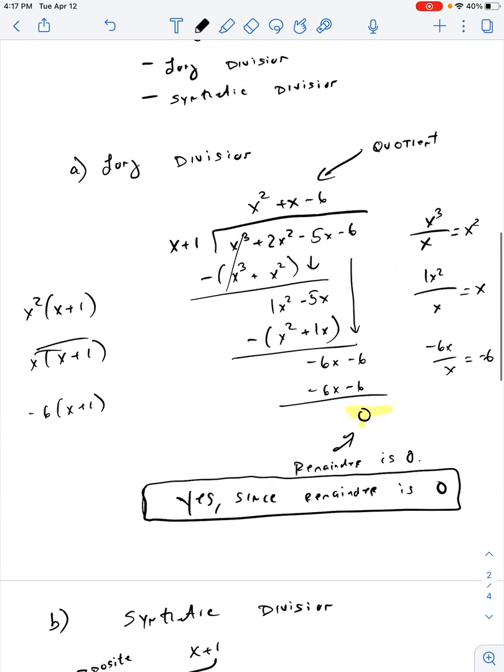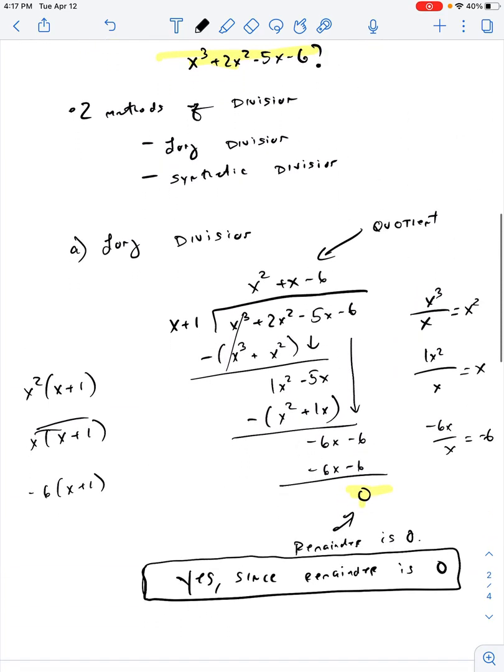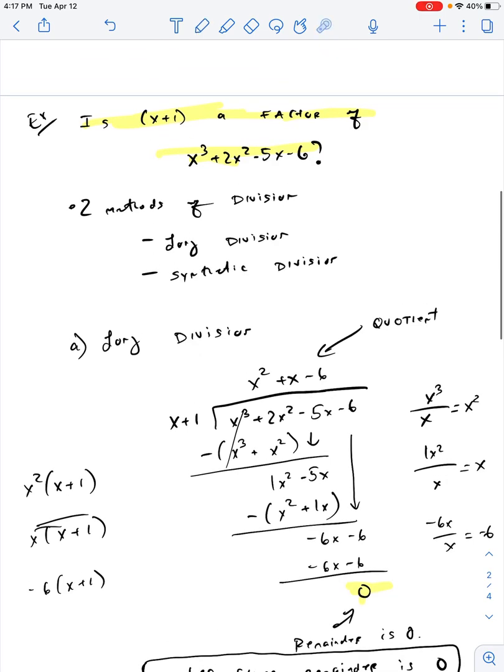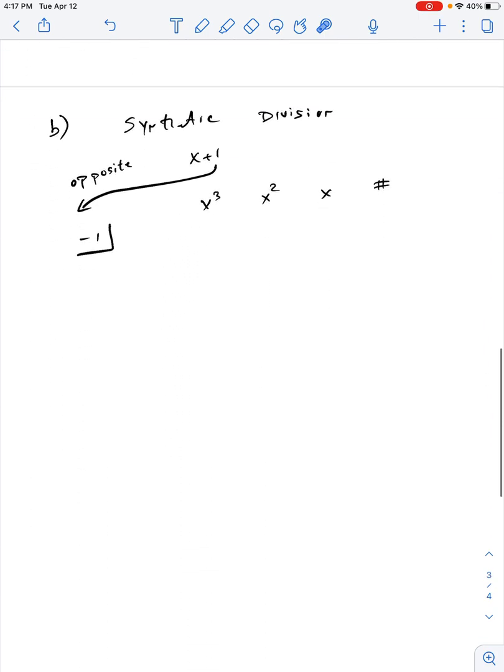Back to our problem. Once again, we're looking at the coefficients. So x to the third, x to the second, x, and then our number.